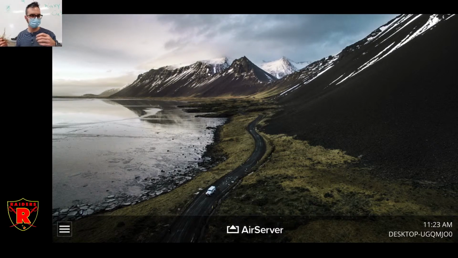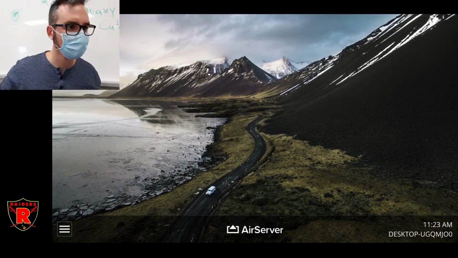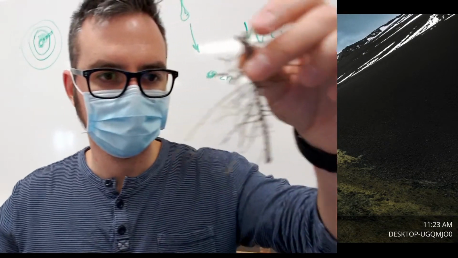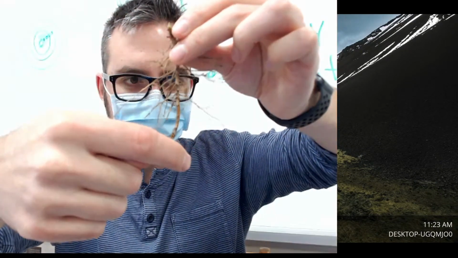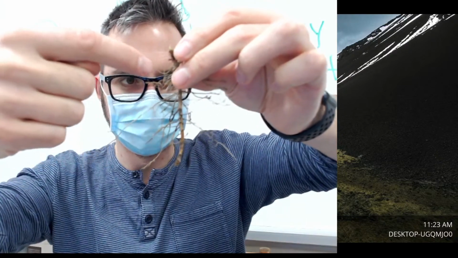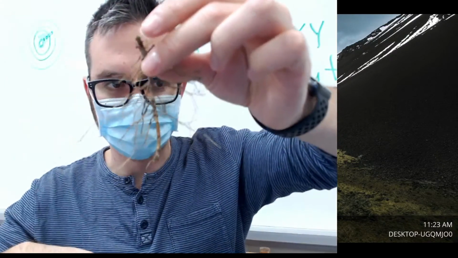When you get to this part in the note, this right here is a taproot. I don't know how easy this is to see. I wonder if I can make this bigger. One sec. So this right here is a taproot. You can see that it has one big root structure that comes down, and then tiny little root structures that come off the center stem.